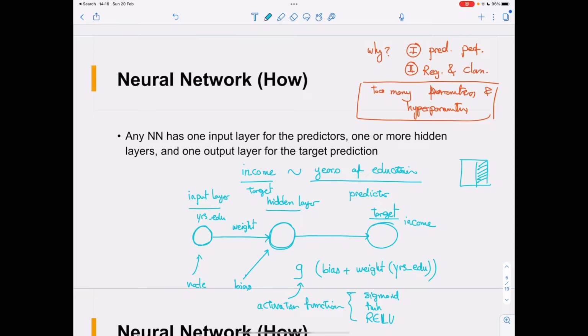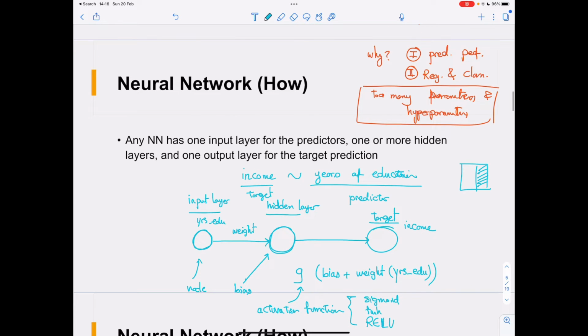So there are different activation functions. It's not important in the scope of our course. The only thing is we feed this linear combination of the bias, weight, and the variable into an activation function, and this would be the output of this node in the hidden layer.